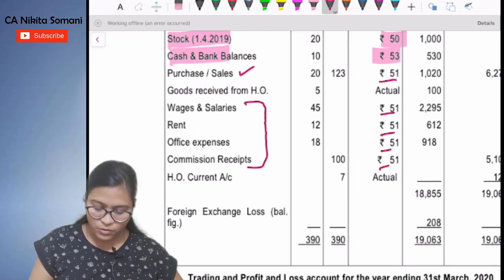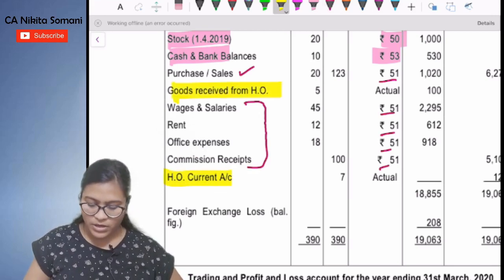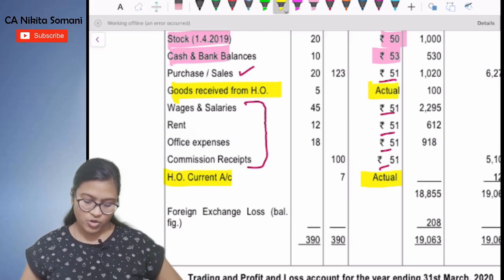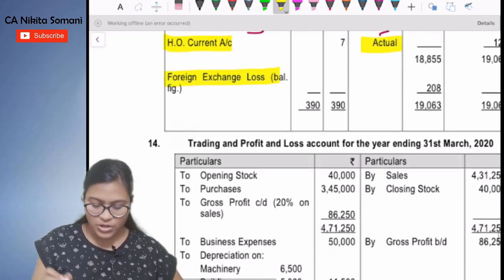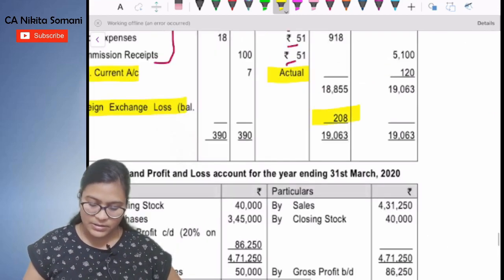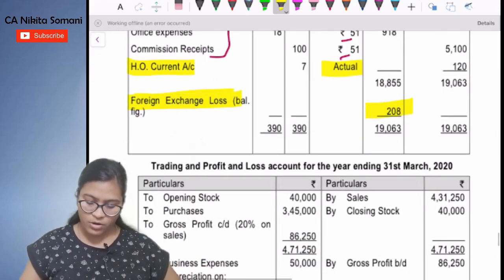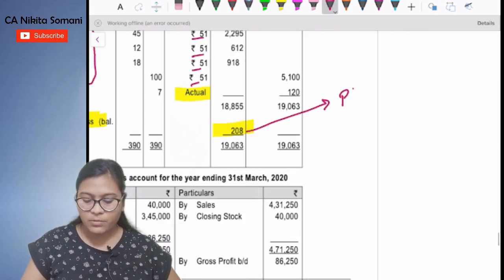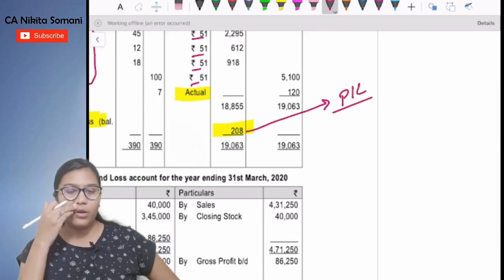And we have said that goods received from HO and HO current account will be taken on actual basis. And any foreign exchange loss, I mean exchange difference, since this is integrated, is charged to the profit and loss account. Okay, so this amount will go to the profit and loss account.